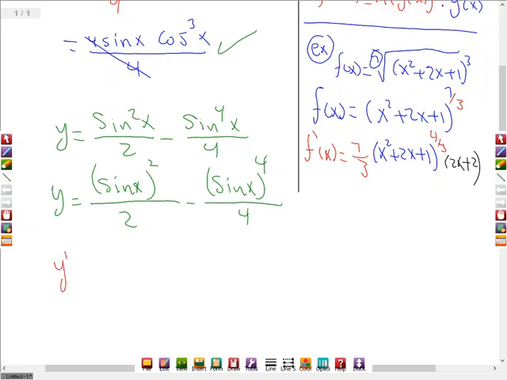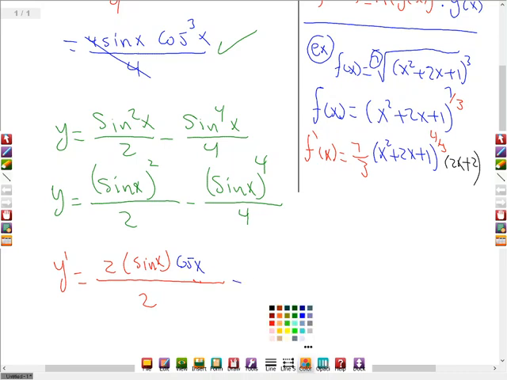Y prime equals, you bring down the 2, you leave sine x, and you have here 2, and the derivative of sine, what's the derivative of sine, guys? Cosine x, and minus 4 sine x, and this exponent becomes 3, 4 minus 1, and the derivative of sine again is cosine.